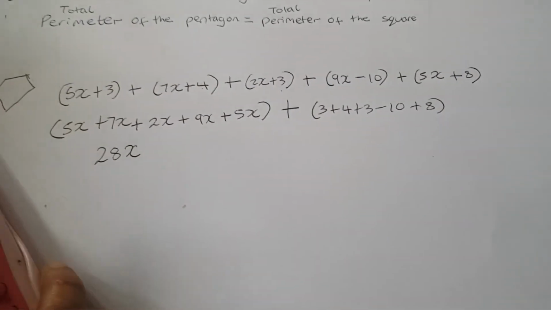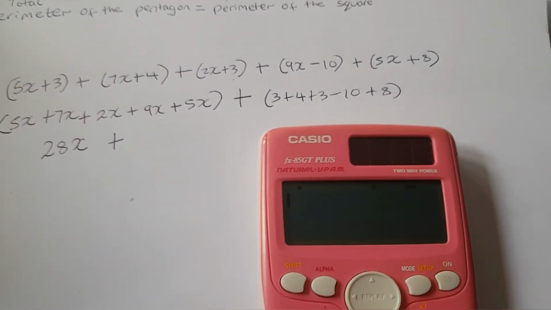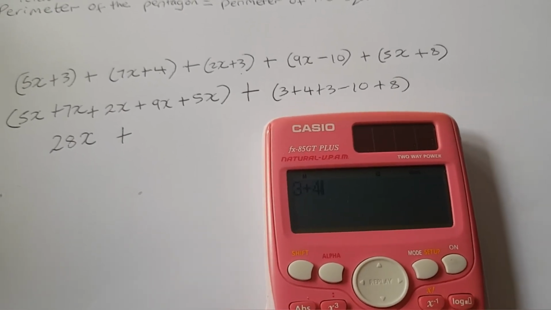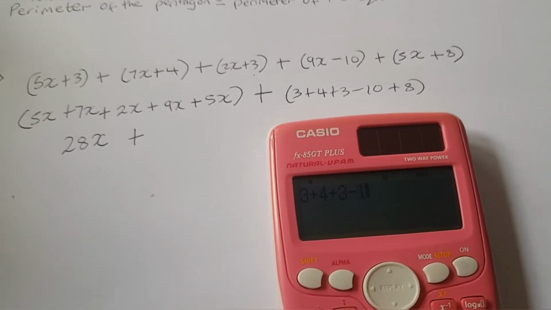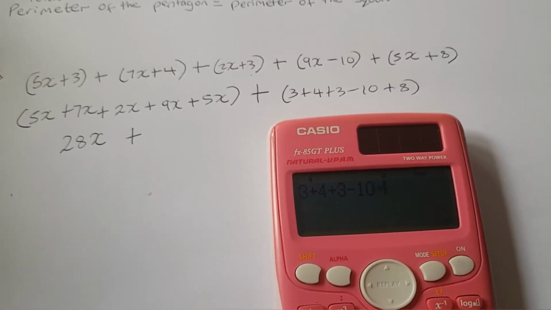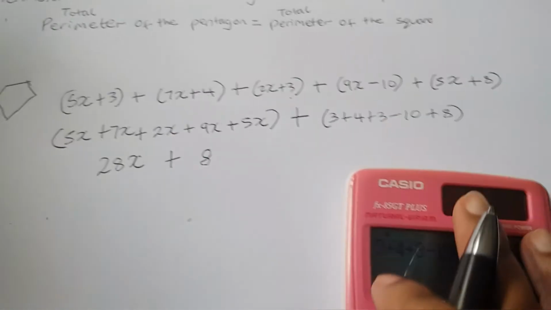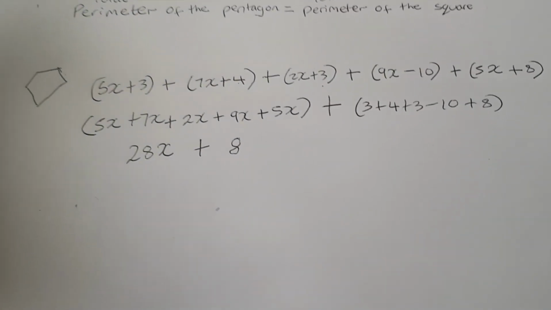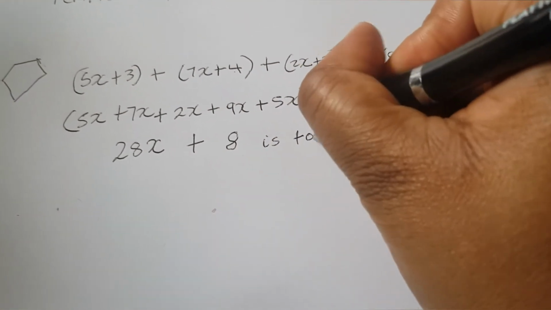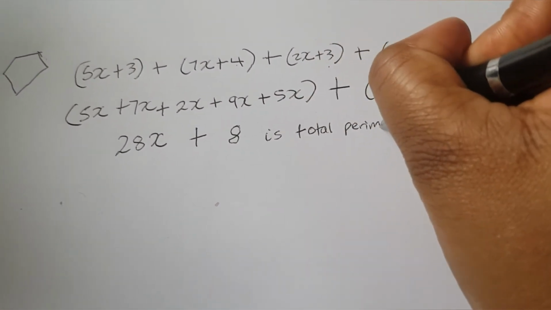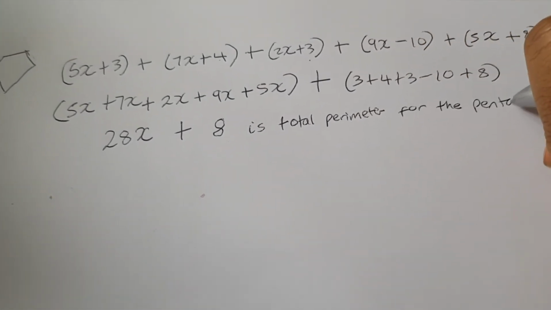Now I'm going to add the numbers together: 3 plus 4 plus 3 minus 10 plus 8, and that gives you 8. So 28x plus 8 is the total perimeter for the pentagon. So we know that.